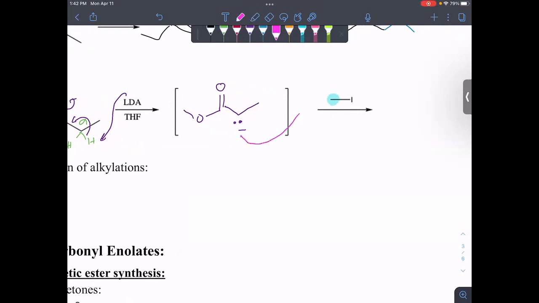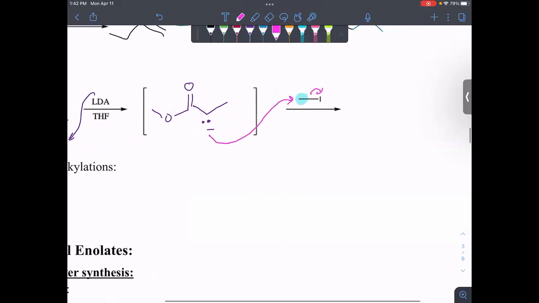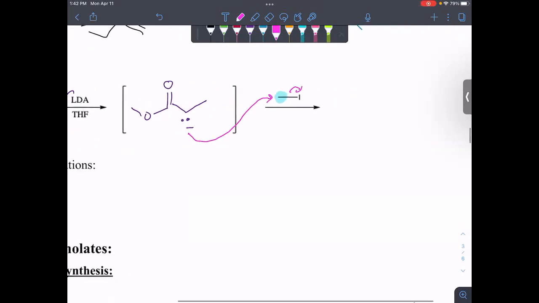We send in the enol to attack the methyl, get rid of the iodine, and then you now have a methylated ester. Yeah, nothing really happens on the oxygen side. It's just kind of inert.